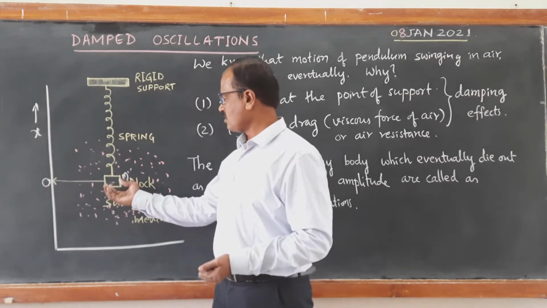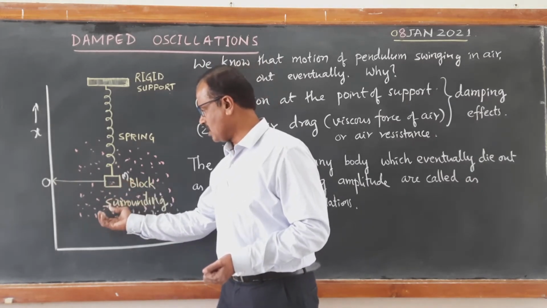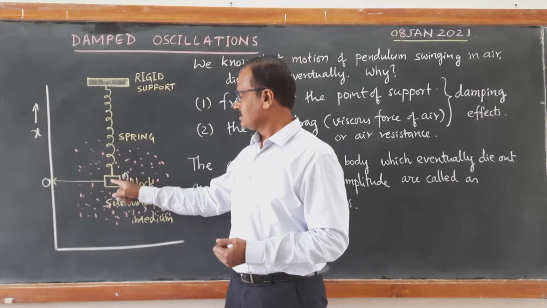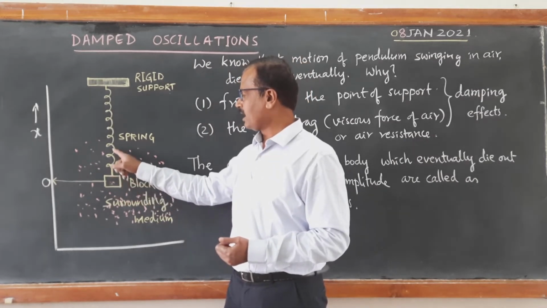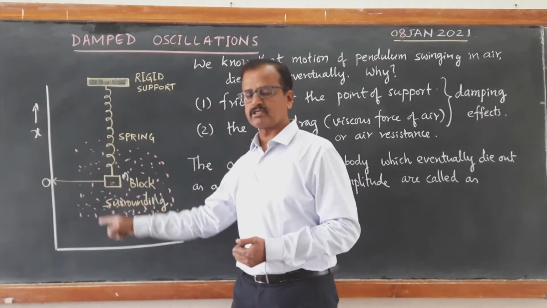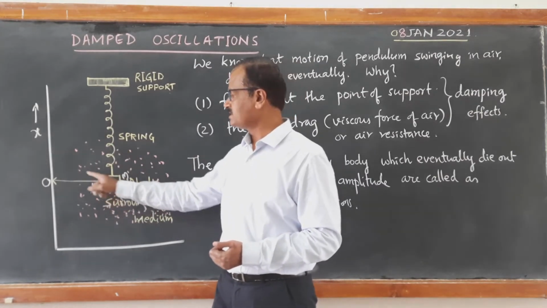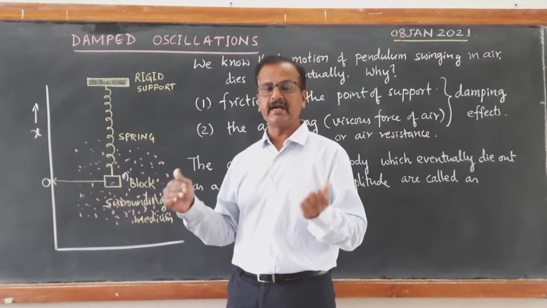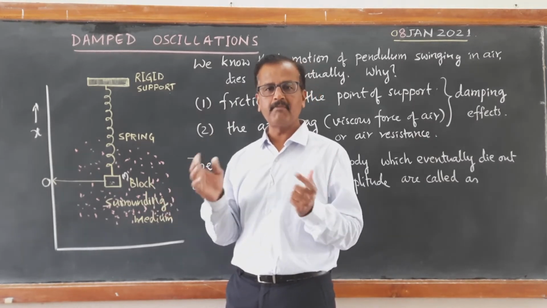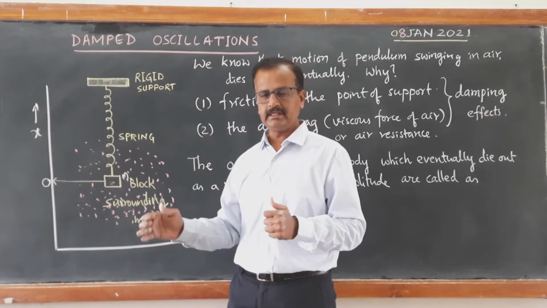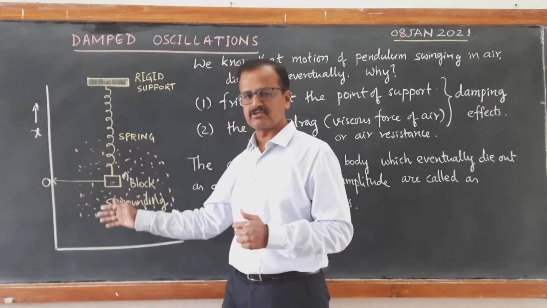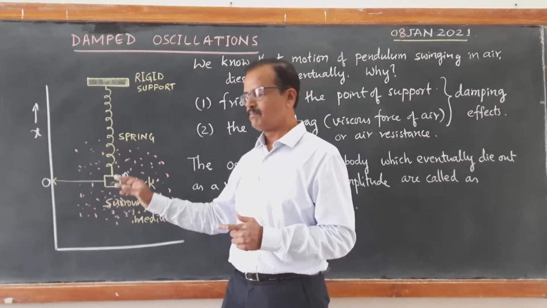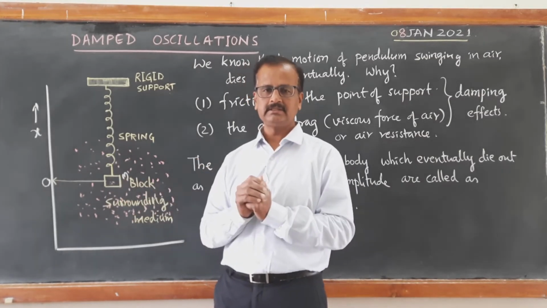Now, if this block is slightly pulled down and released, the block keeps oscillating up and down about the equilibrium position. These oscillations continue for a certain amount of time, and slowly the amplitude decreases. Finally the block comes to a halt.